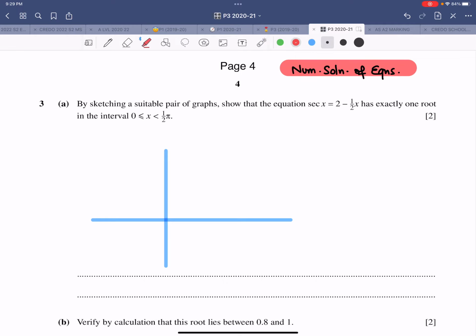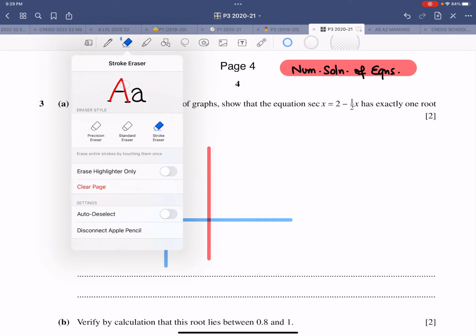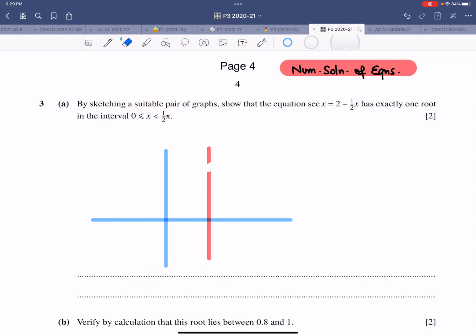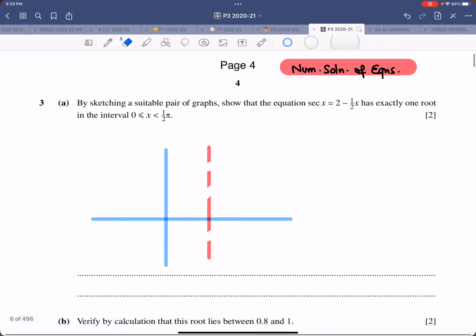So let me draw a line like this, and I can make it a bit dotted. So therefore the graph of sec would be something like this. This is the graph of sec x. This is 0. This is pi by 2 asymptote. This value is 1. This is y-axis.